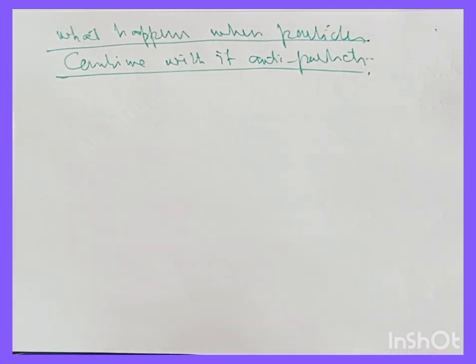Now the question is, what happens when a particle combines with its antiparticle? We understand that when a particle combines with its antiparticle, its mass converts into energy using Einstein's mass-energy relationship.